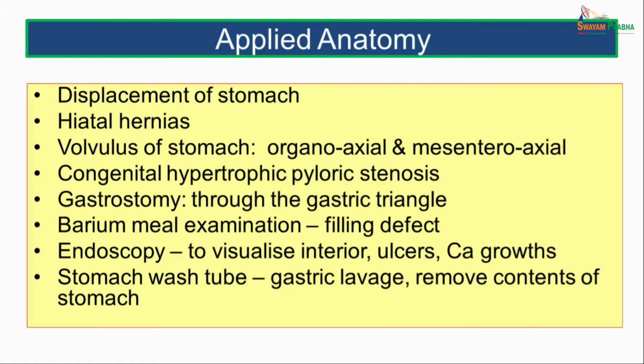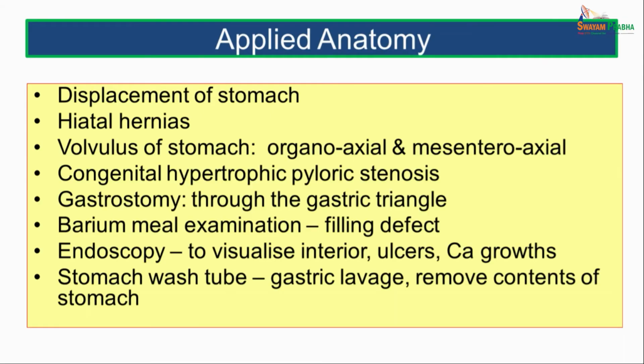Organoaxial volvulus is wherein the lesser omentum, the gastrosplenic ligament and the gastrocolic ligament are under chronic lengthening due to the traction of the other organs around the stomach. That is what leads to the volvulus.